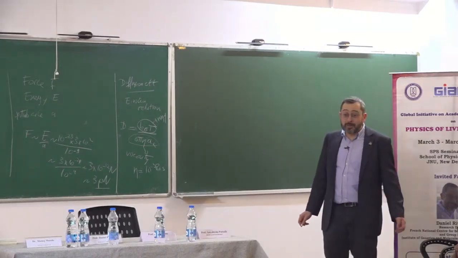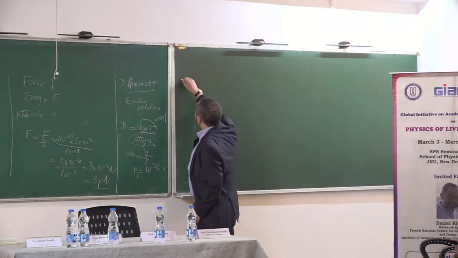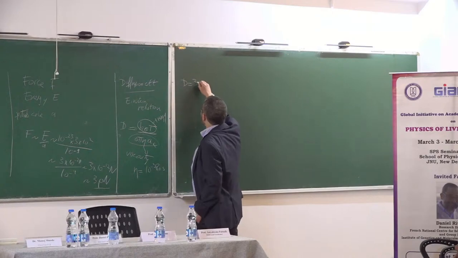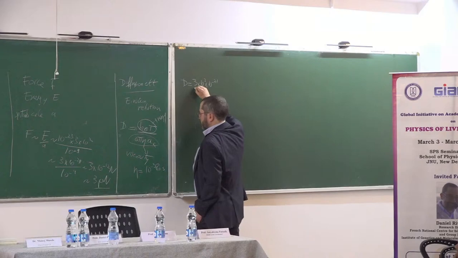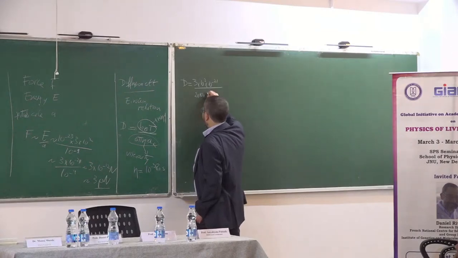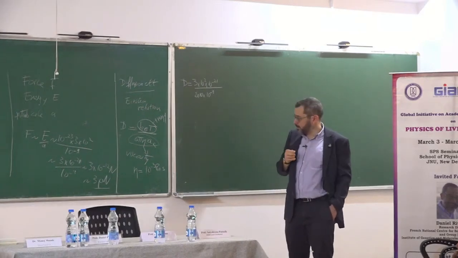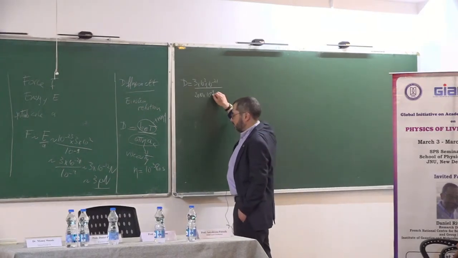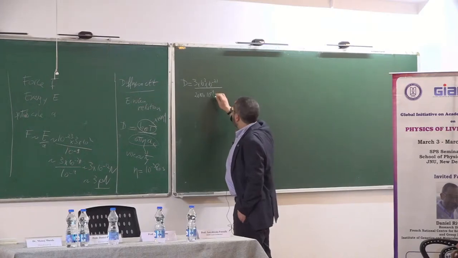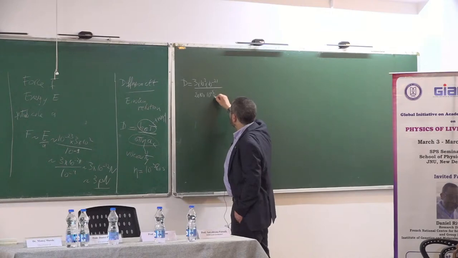So now we have everything, right? I'm going to write it here. So D is equal to 3 10 to the minus 21 over 2 times 10 to the minus 9, because I said I would take a particle of 1 nanometer in size. Sorry, first you need to add 10 to the minus 3 and then 10 to the minus 9.